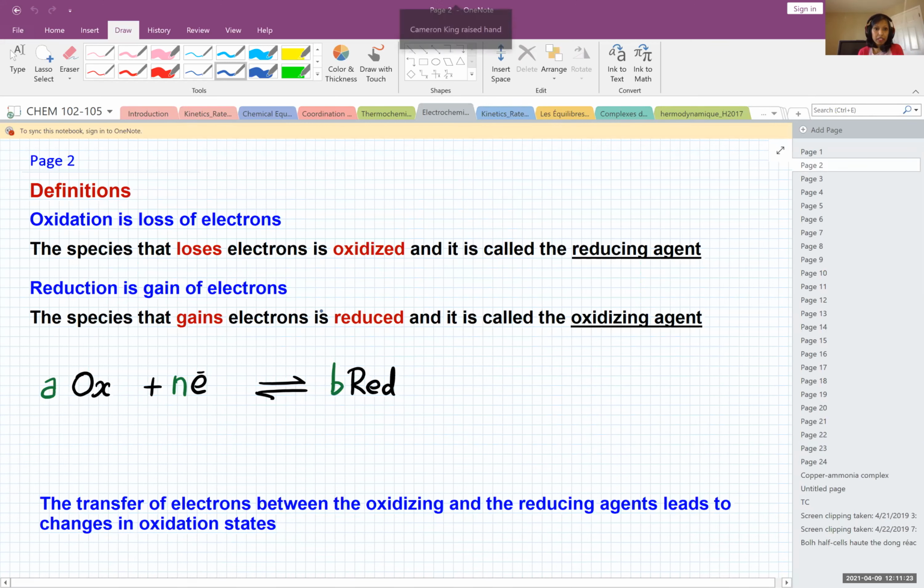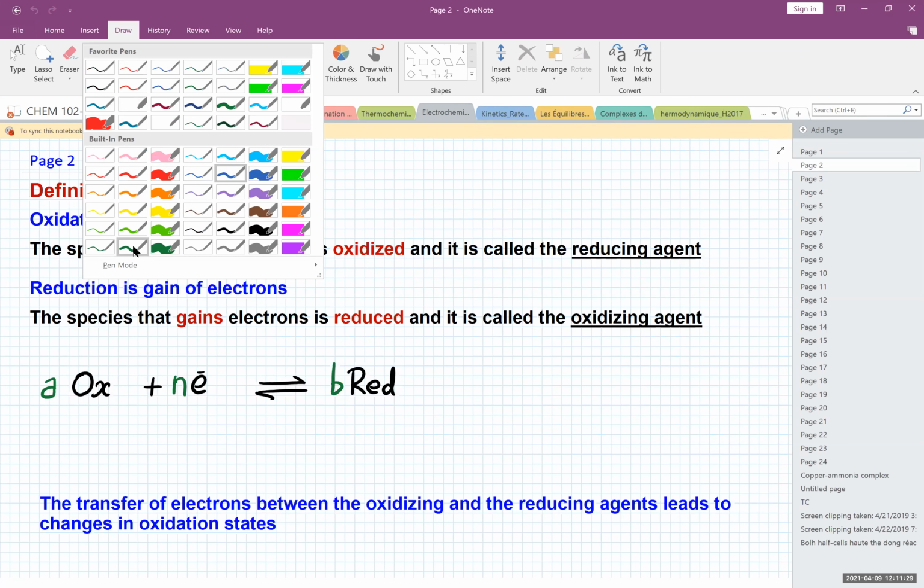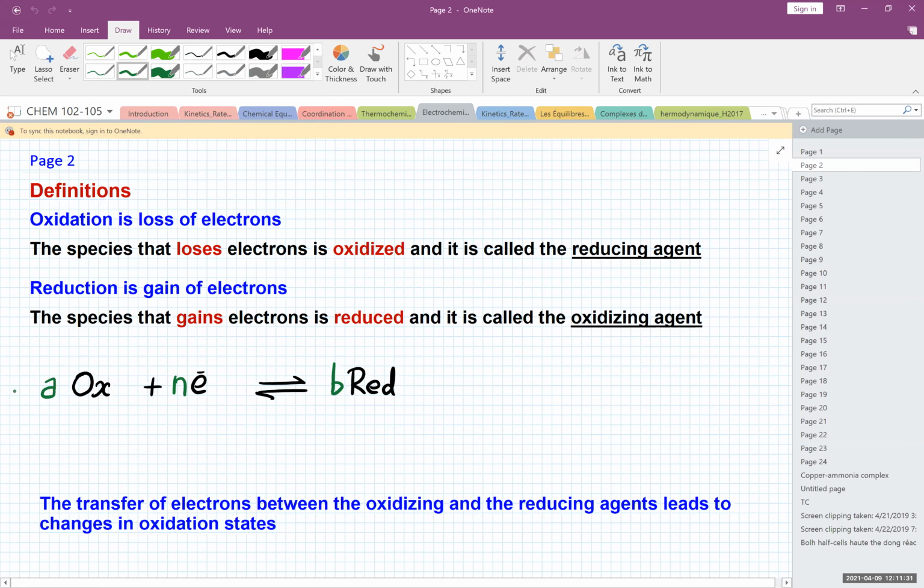So we are ready for definitions, like I said. Oxidation, yes, Cameron? So for that electron transfer definition of oxidation and reduction, is that only something we should be using in the case of ionic reactions or ionic compounds? Not necessarily. There can be transfer of electrons between two compounds.